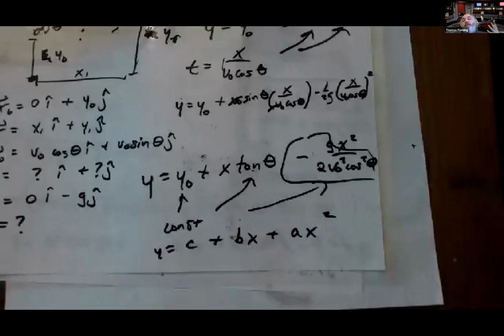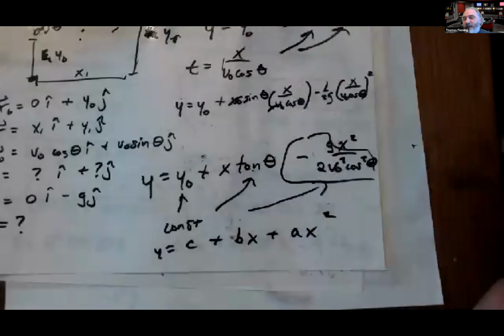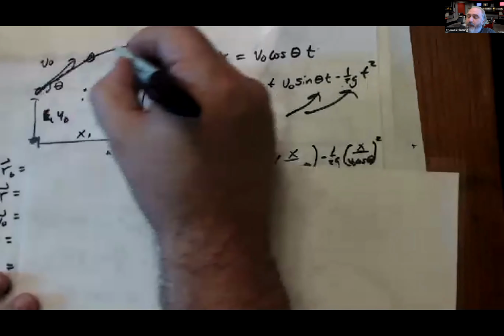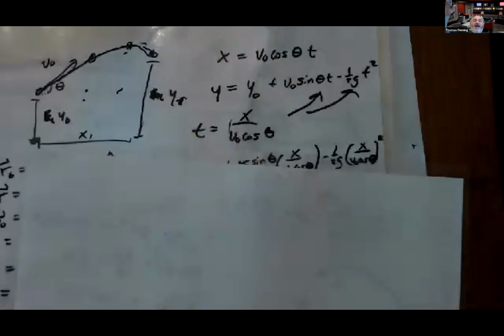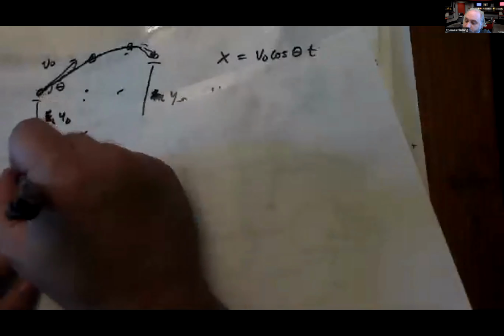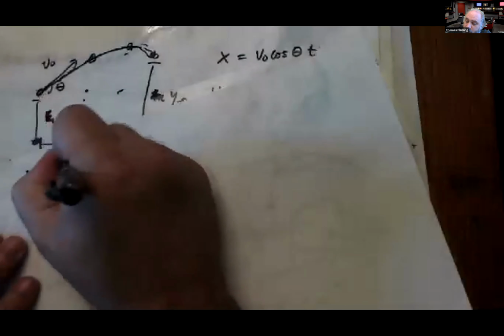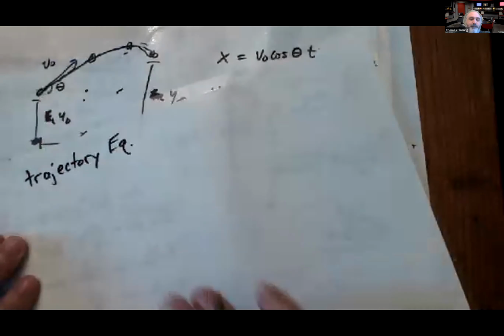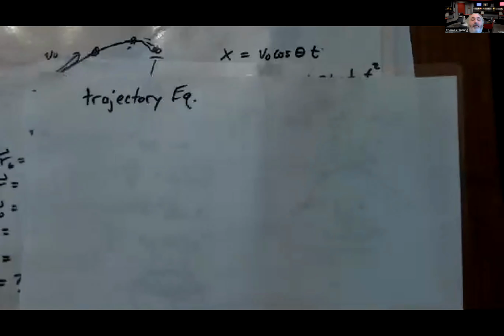So what did we just prove by doing all this stupid stuff? We've just proven that the path taken by any object when you throw it diagonally is a parabola. It follows a parabolic trajectory. This is what we call the trajectory equation. And it says that it's a parabola.